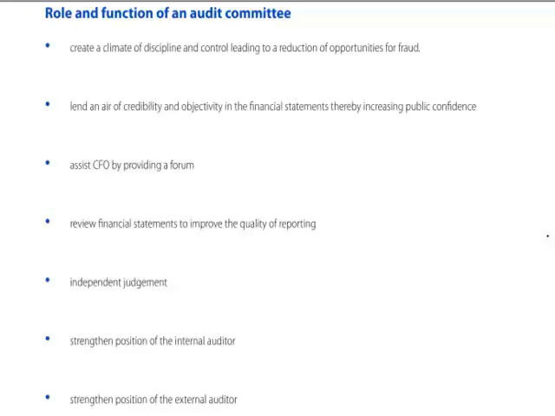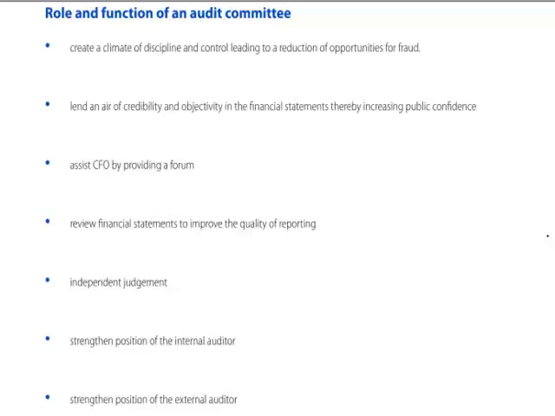They don't know these things. What's the point in the CFO talking to the sales director about how we would best comply with IAS 39? There was no point, but they can discuss it with the Audit Committee. So help the CFO, assist the CFO by providing a forum.